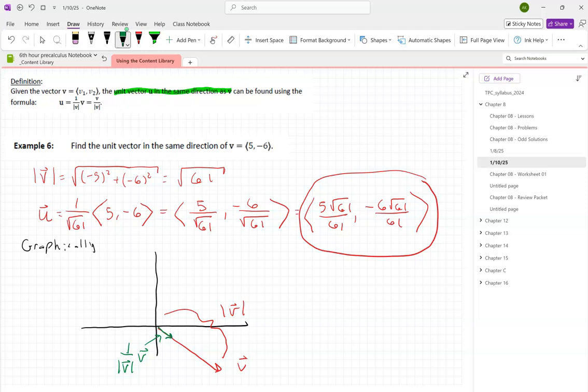If I take 1 over its length and multiply it by that vector, the vector should now just have length 1. That's graphically what this is doing. If my vector has length 2 and I scale it by 1/2, the vector now has length 1. That's all we're doing with that formula.